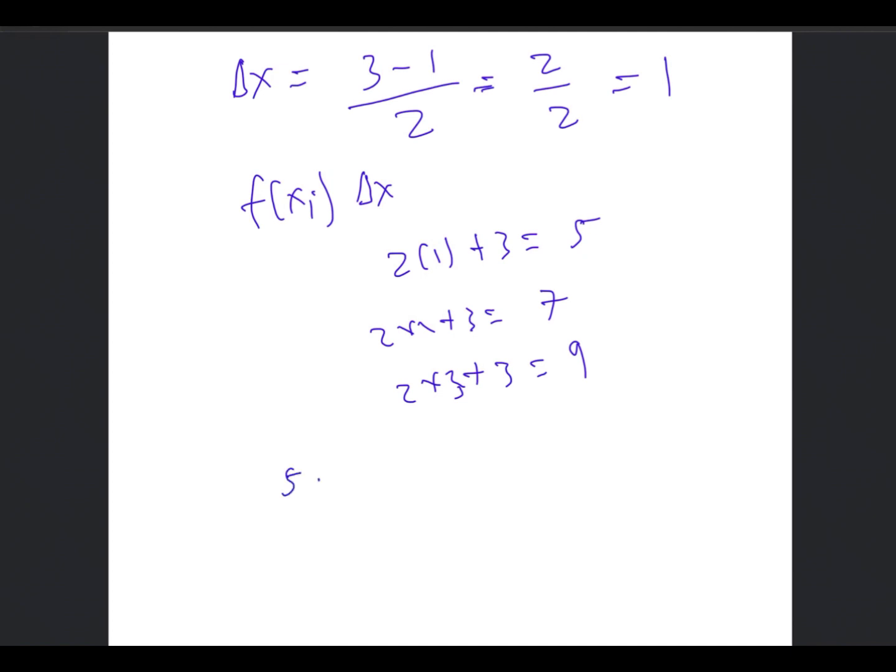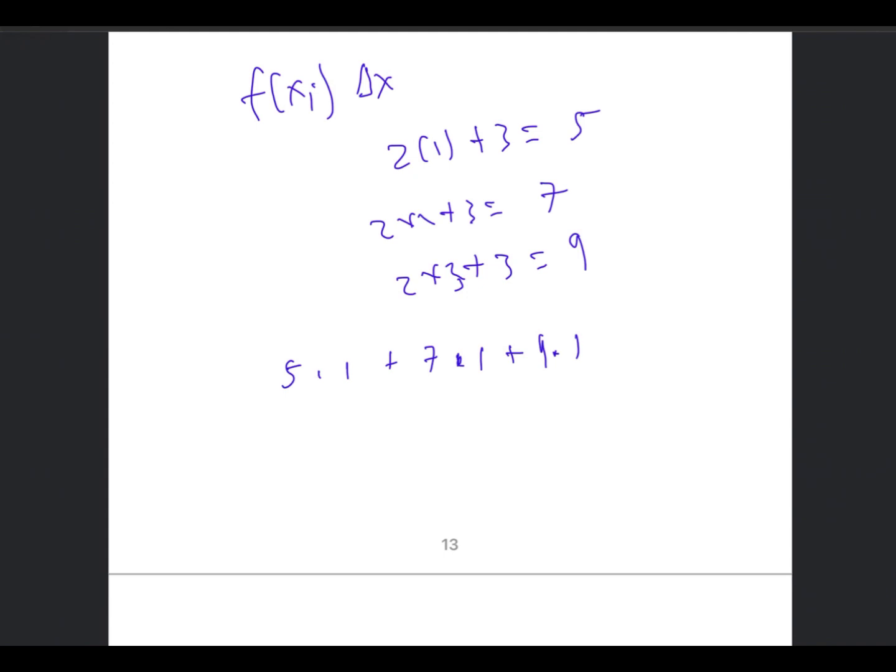So since I have those values over here, the approximation is going to be 5 times 1 plus 7 times 1 plus 9 times 1. And as you can see, that is 5 plus 7 plus 9.